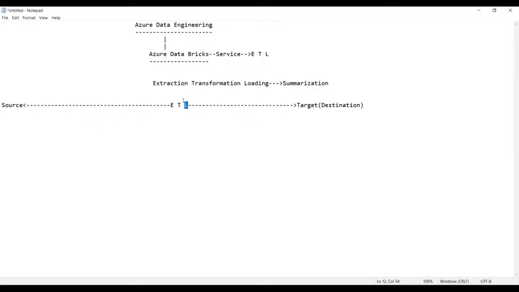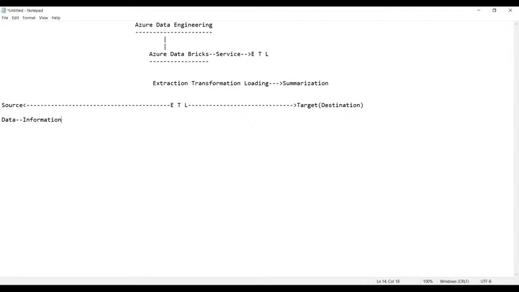In the same way here also, we perform the extraction, transformation, and loading between the two. What is that? Source. The source consists of what? Data. Data means what, guys? Data is nothing but information.